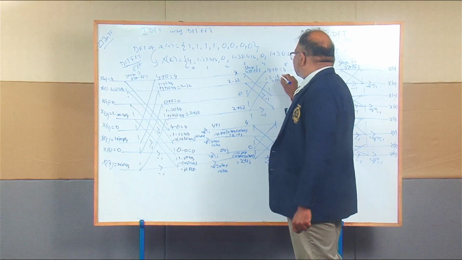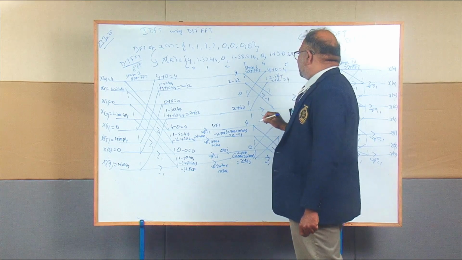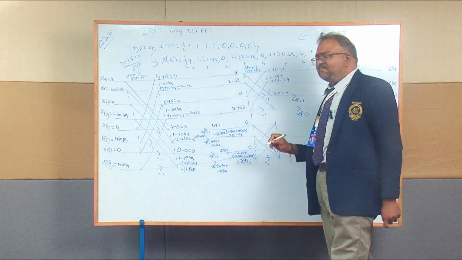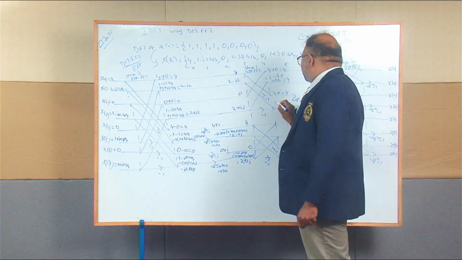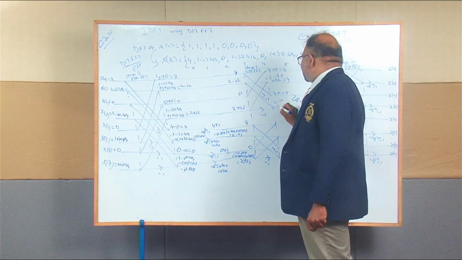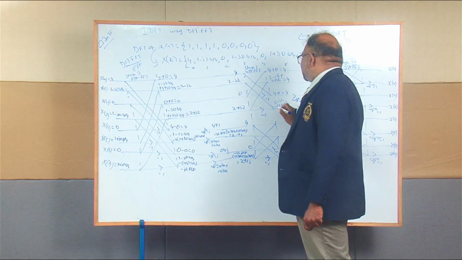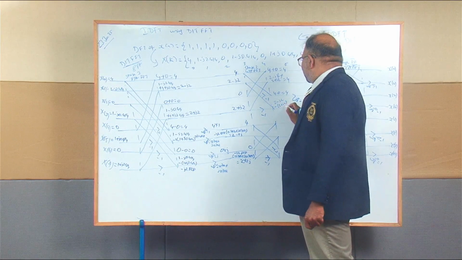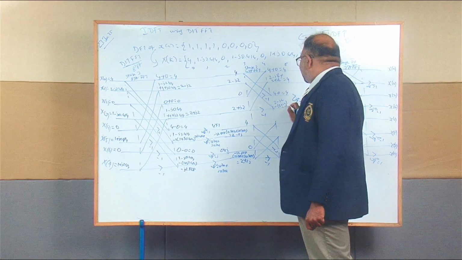So, these two signals will cancel, we will have 4. Here 4 minus 0 equals 4. Here 2 minus j2 minus 2 plus j2. So, minus, and if I bring it inside, plus 2 and minus 2 will get cancelled, here minus. So, the answer is minus j4.